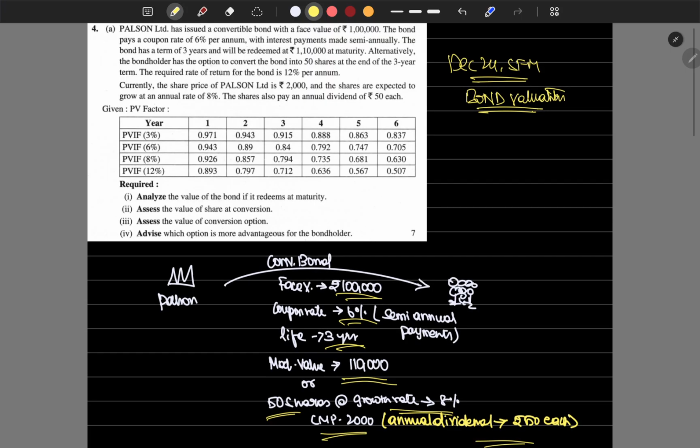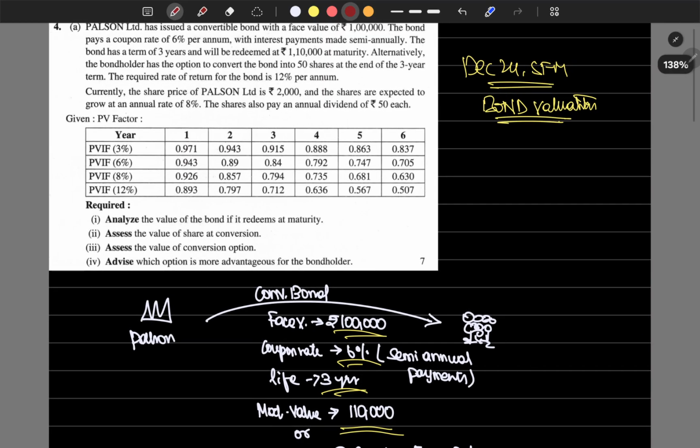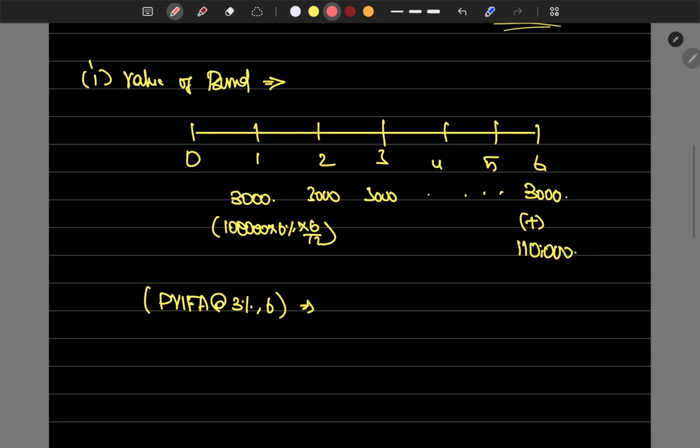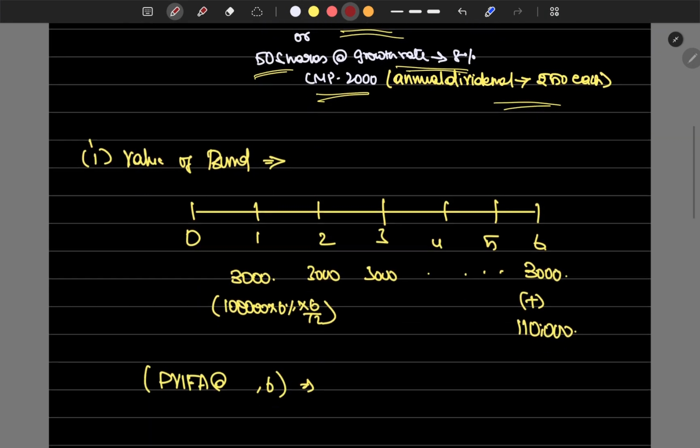We have to add all these line items. Wait, before that, the required rate of return for the bond is 12% per annum. Then what would be our PVIFA? PVIFA should take the required rate of return, not the coupon rate.